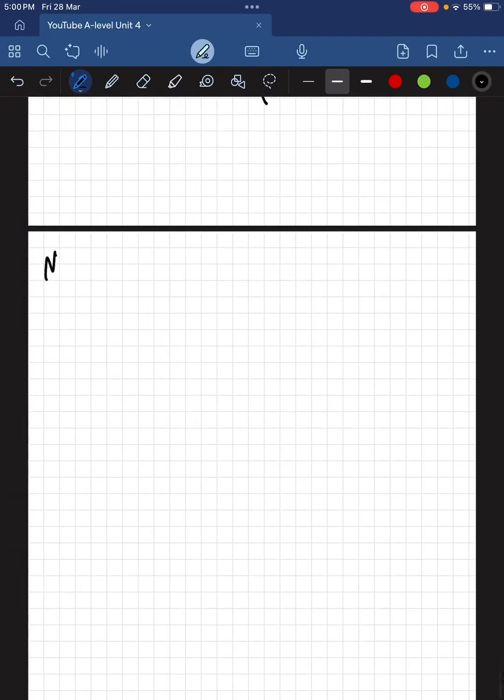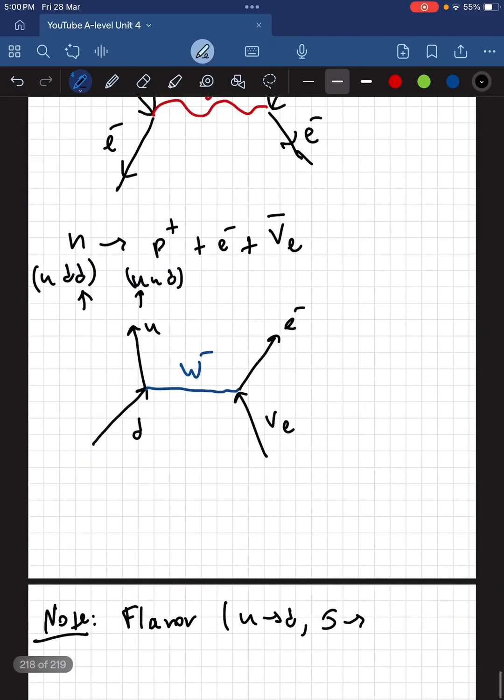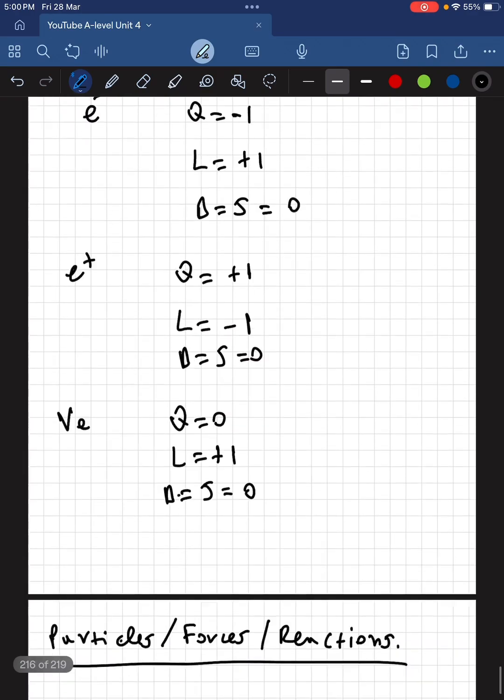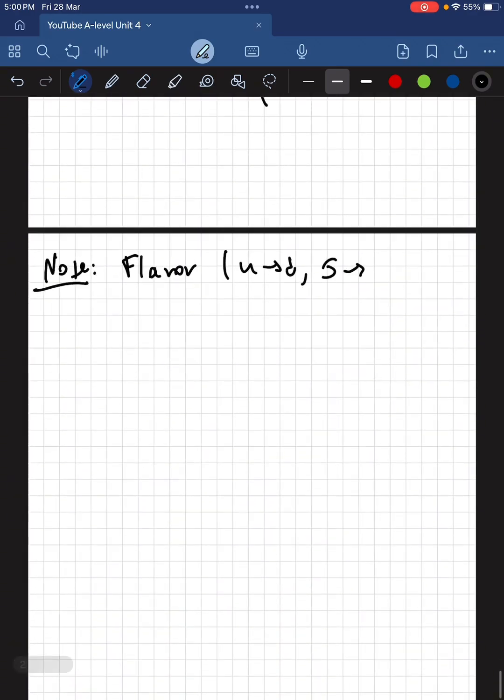I'm going to write a note here, though. Note, flavor, so a U turning into a D, a strange turning into a charm, etc. So changing the flavor of quarks, so one type of quark into another, can only occur in weak interactions.